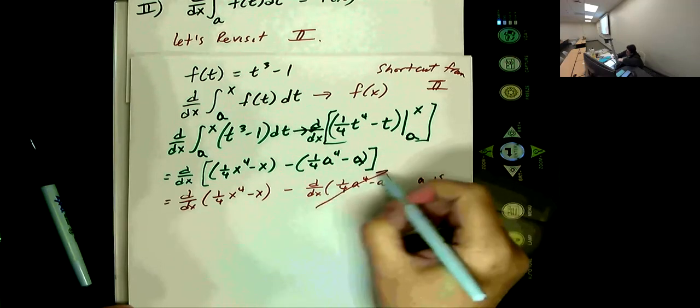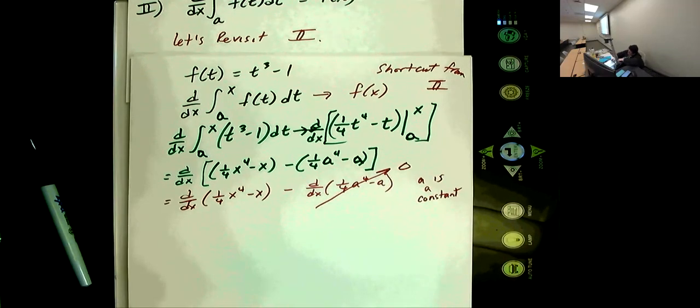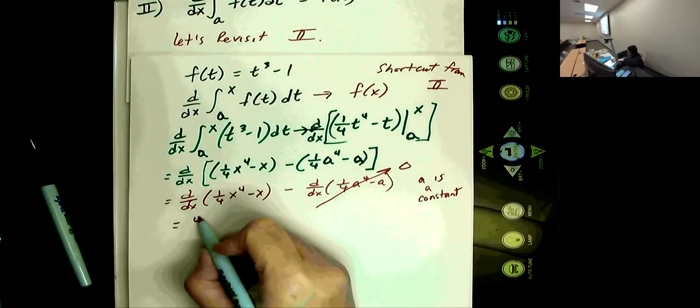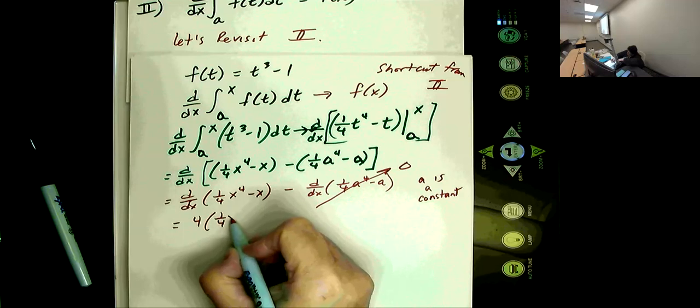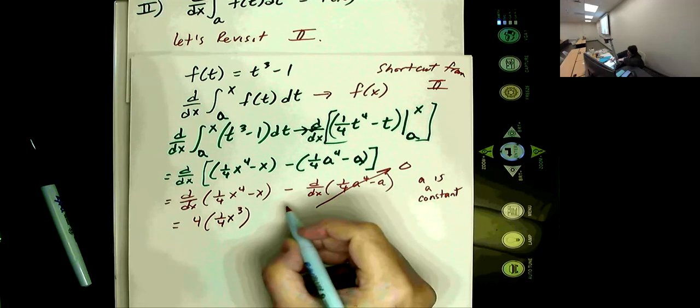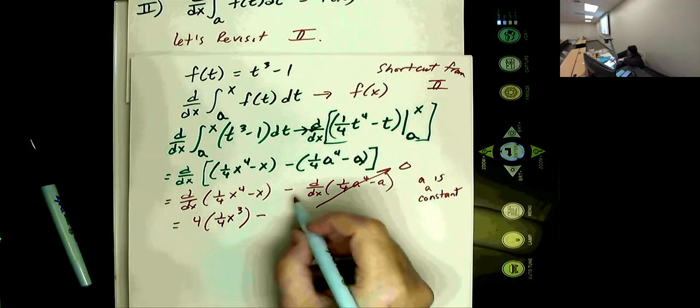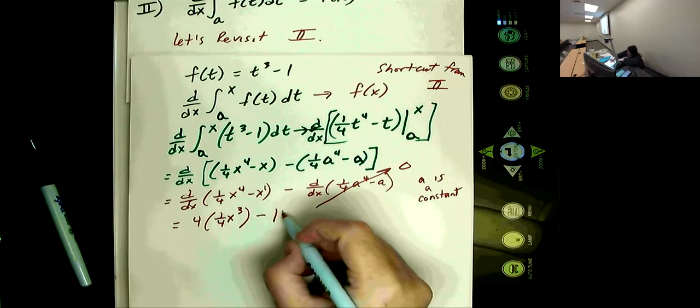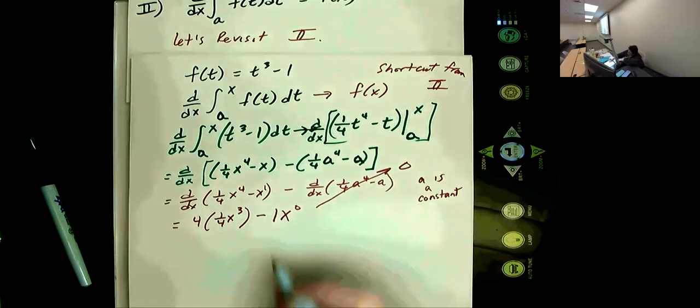Zero. The derivative of that is zero, so we just have this, which is we bring the 4 down, lower the power, and then x, that was x to the 1, we bring the 1 down, we lower the power to x to the 0.